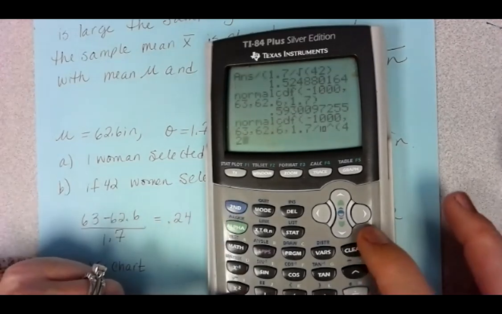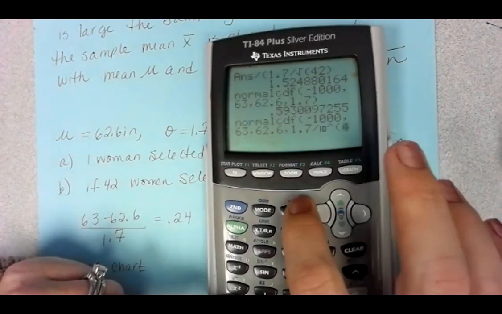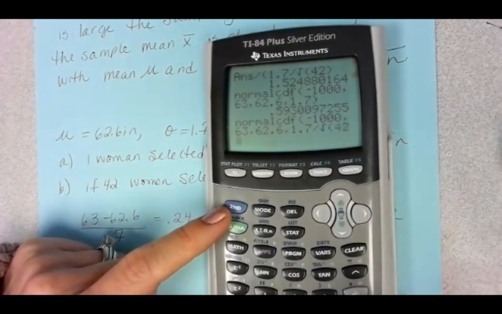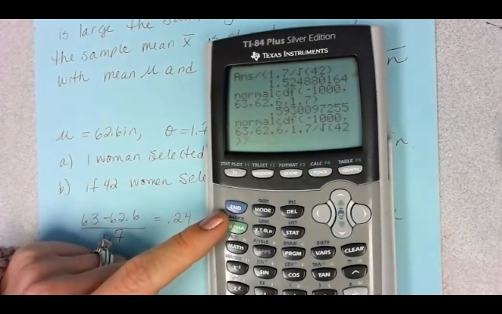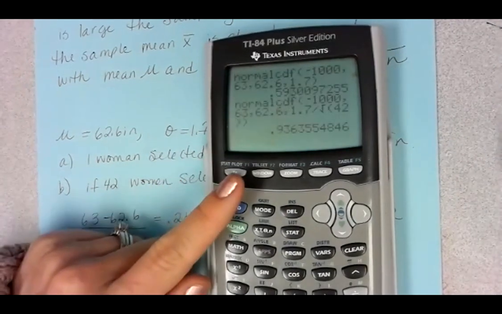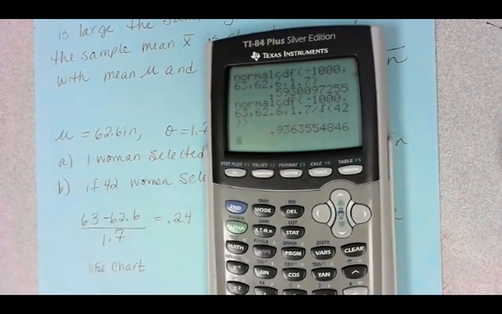And I can literally type that in without having to figure it out. And I'm going to get 0.9364, and that is in fact the probability for part B.